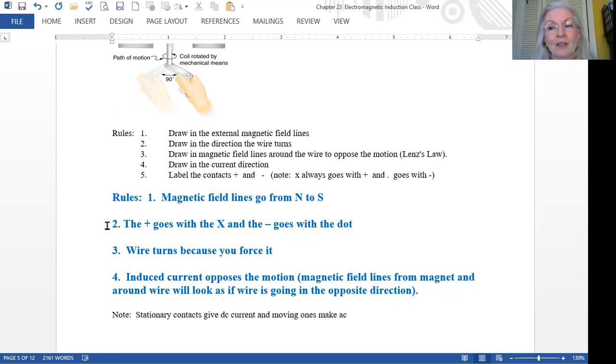The wire is going to turn because you force it, and the induced current will oppose the motion. So the magnetic field lines from the magnet and around the wire will look as if the wire is going to go in the opposite direction. If we had stationary contacts, we would be creating DC current. If the contacts could actually move with the wire, we'd have AC current.